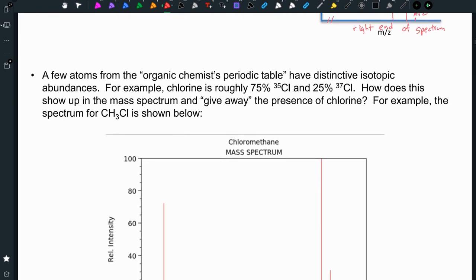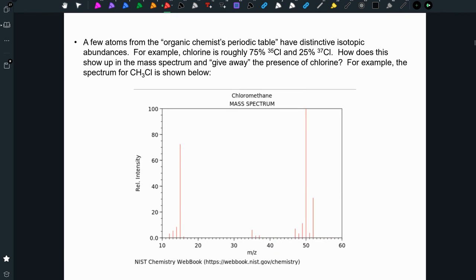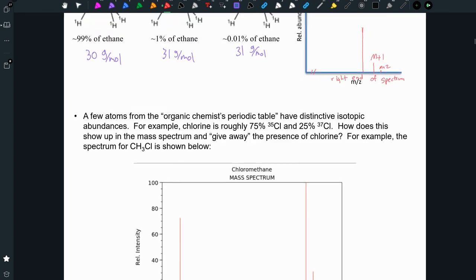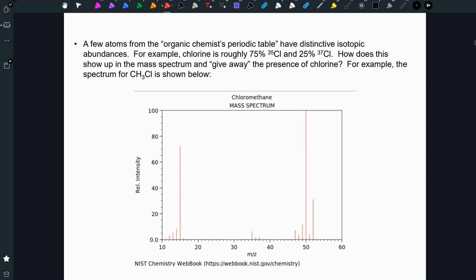There are some elements that have very distinctive isotopic ratios. So for carbon, it's like 99 to 1. For hydrogen, it's like 9,999 to 1. But for chlorine, its two most common isotopes are roughly a 3 to 1 ratio, 75% and 25%.